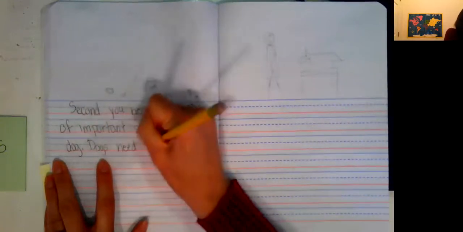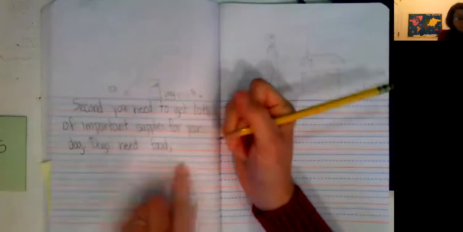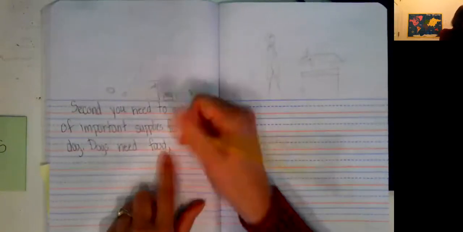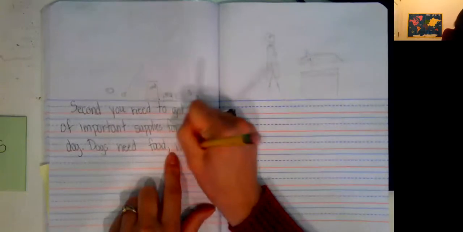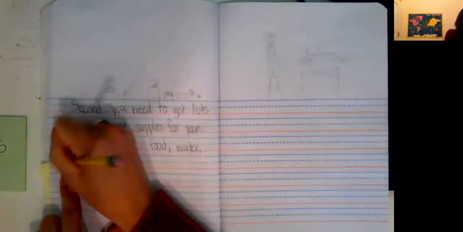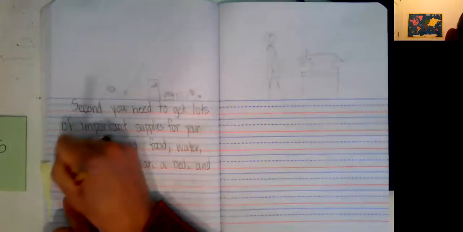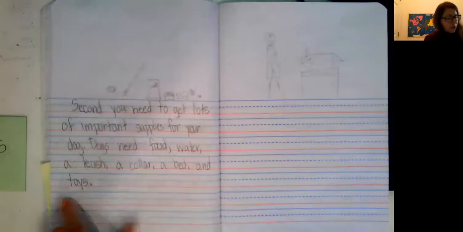And now I'm going to list all the supplies. Dogs need food, comma, because I'm going to make a list of things. So I'm going to put a comma in between all the things they need. Food, comma, water, comma, a leash, comma, a collar, comma, a bed, comma, and toys, period.